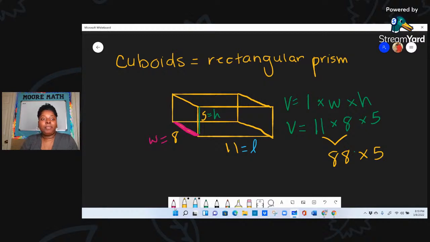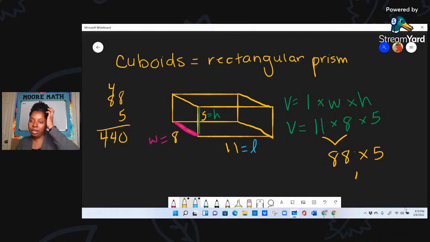And 88 times 5, 8 times 5 is 40, and 40 plus 4 is 440. And if this was centimeters, it would be centimeters cubed. Okay, so for the person who asked me for cuboids, we just did volume of cuboids. There you go.